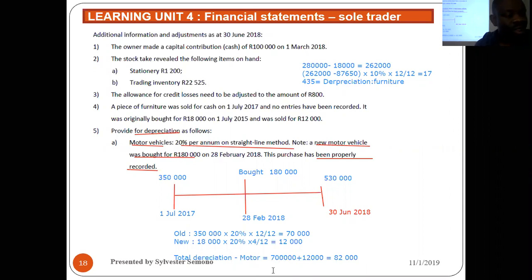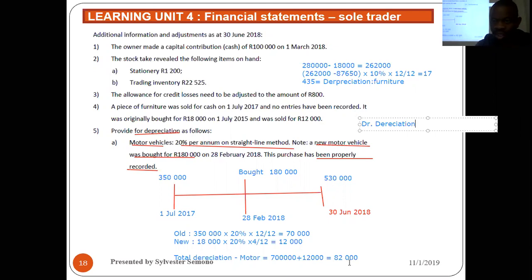So we can show it here, even though we have got the answer book, we can show it here quickly. When we put it in the GJ, it's going to look like this. I'm just going to use this place. So we're going to debit depreciation. And remember, you must add the two depreciations together, né?